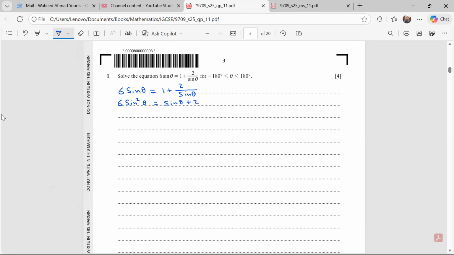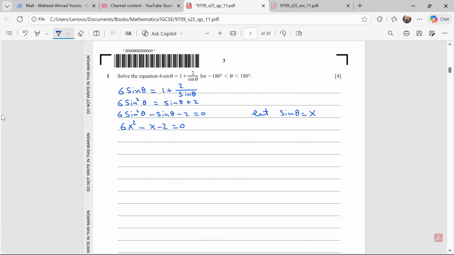If I bring everything on the left side, it is 6 sine square theta minus sine theta minus 2 equals 0. So let sine theta equals x. This becomes 6x squared minus x minus 2 equals 0.